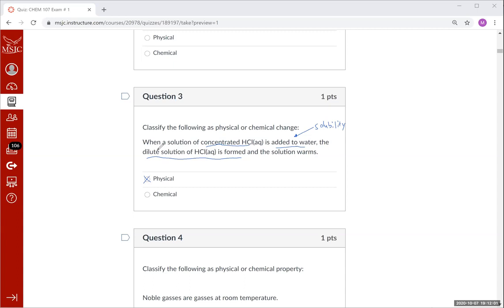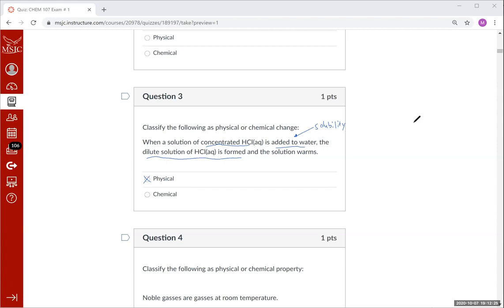Perfect. But it says the solution warms. Yes, that can happen in some physical changes. Just like, for example, during melting or during condensation, heat is absorbed or released. The key thing to look out for is the fact that this is fundamentally a process based on solubility.